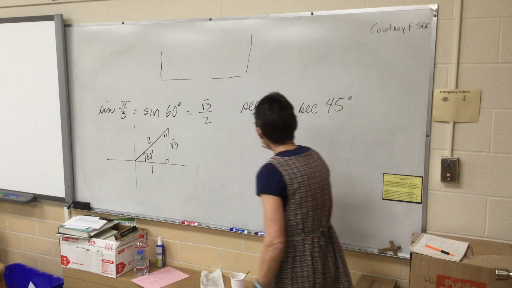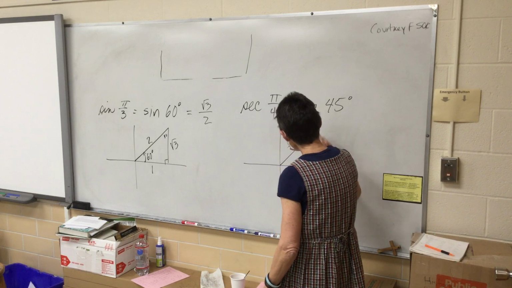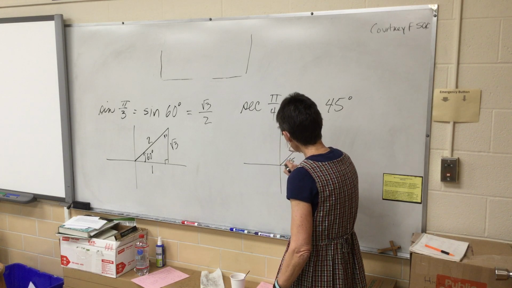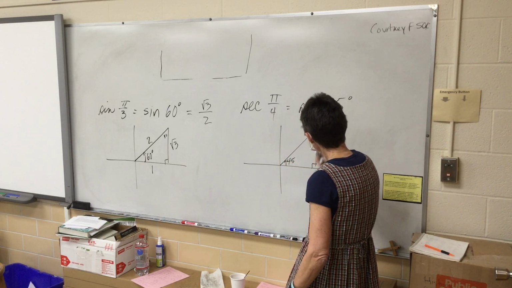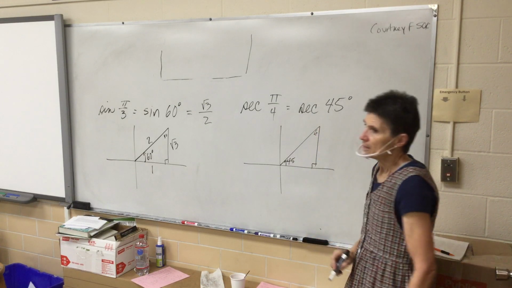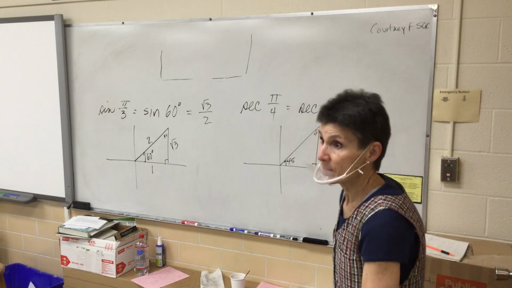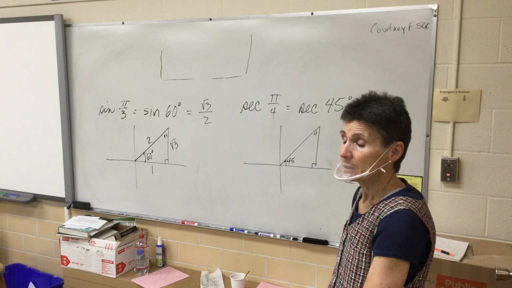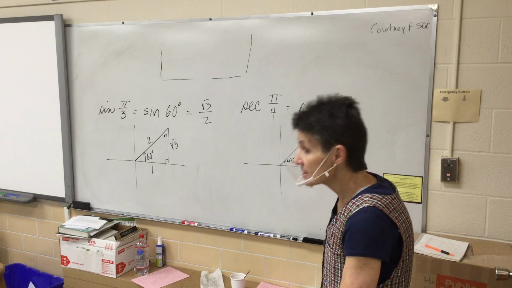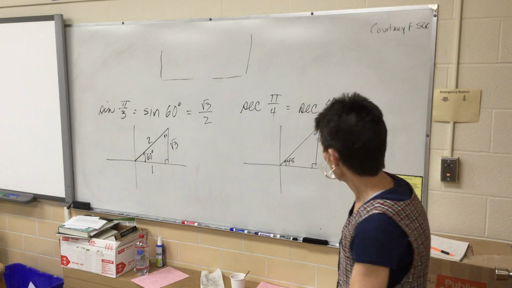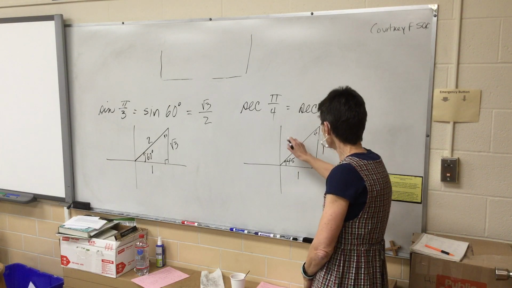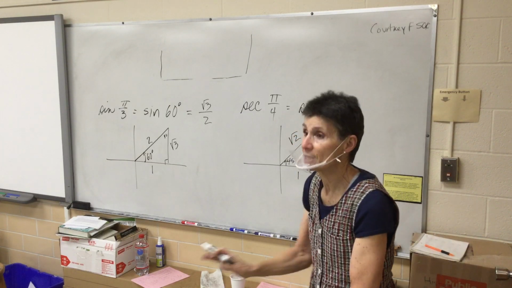So I'm going to draw my 45 degree angle in standard position. Right there it is. It's a right triangle. So 45, 45, 90. And I know that the sides of a 45, 45, 90 are always 1, 1, root 2. They're in that ratio, I should say.